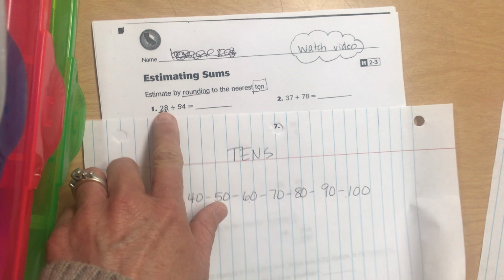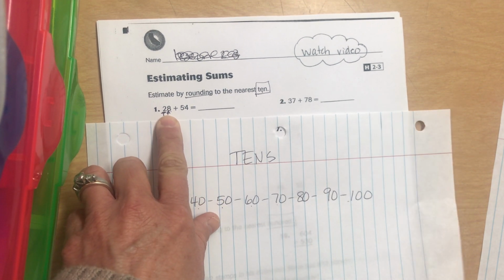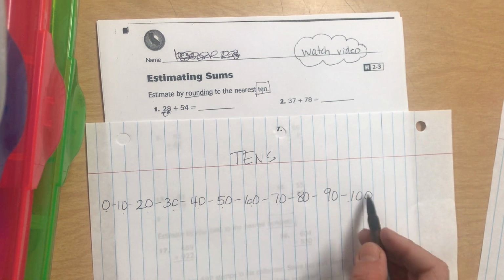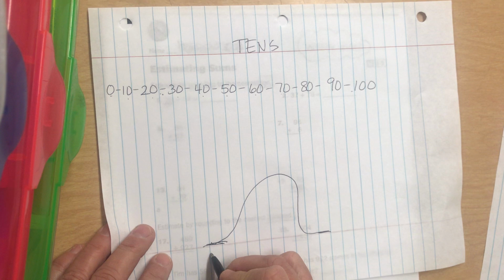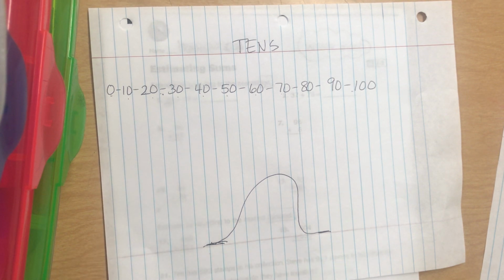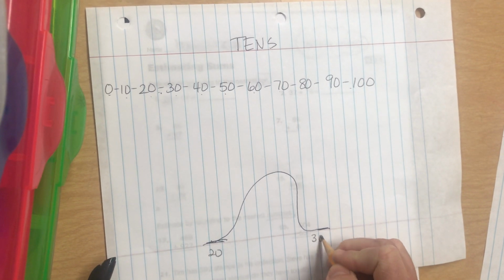So what two 10's is 28 between? Okay, if we're looking at it on the number line, it would be between 20 and 30. So if this was 20, and this was 30, okay?